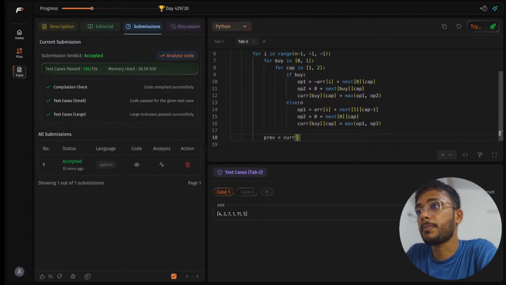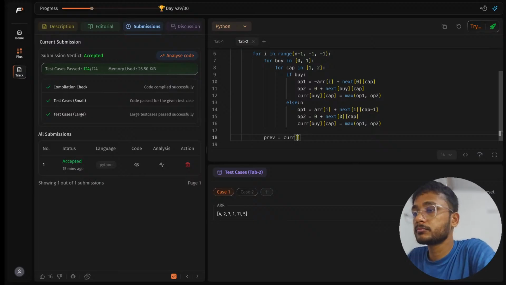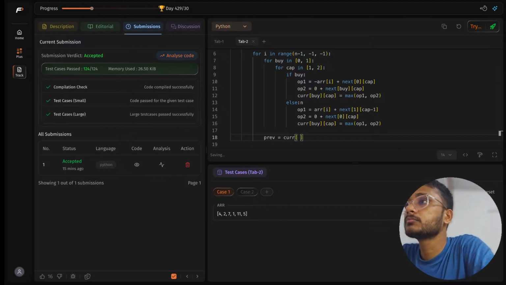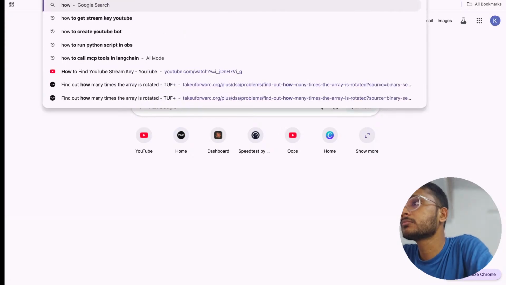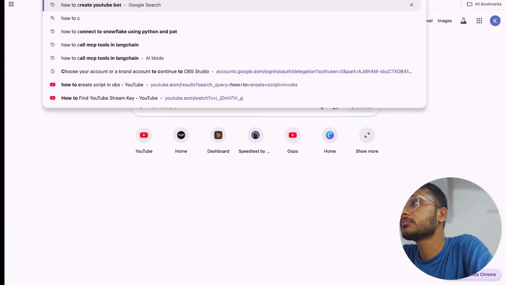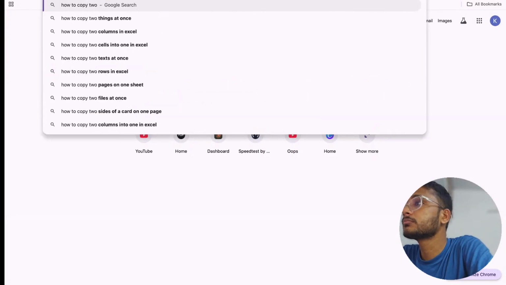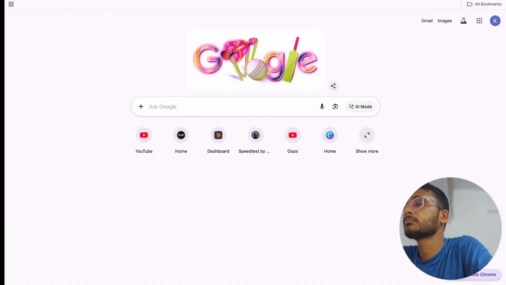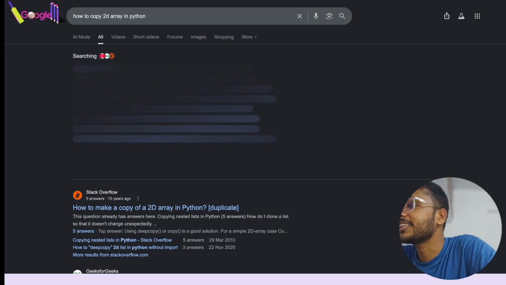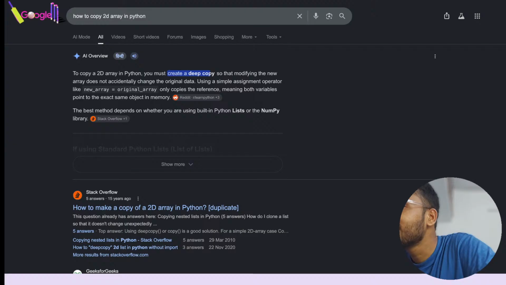How to copy it? I forgot the syntax. I think I never used it.